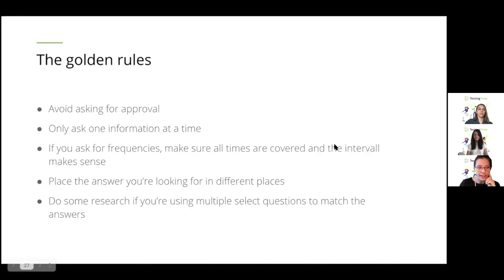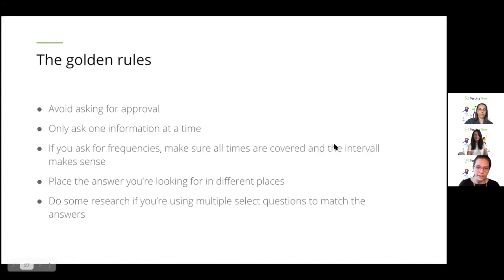Then one big thing is to avoid asking for approval. We'll later see in the examples why this is so important. Then, one question, one piece of information, so don't ask for too many information points in one question. Check if your frequencies make sense, if you're asking for them, or the time intervals, if everything is covered.